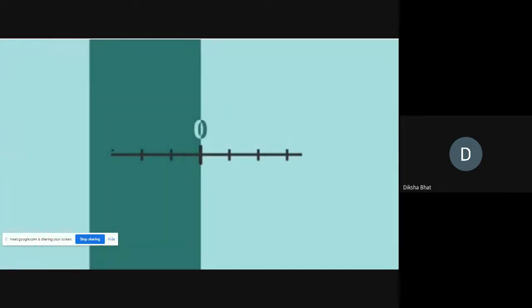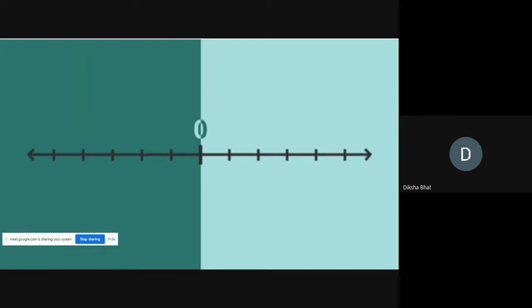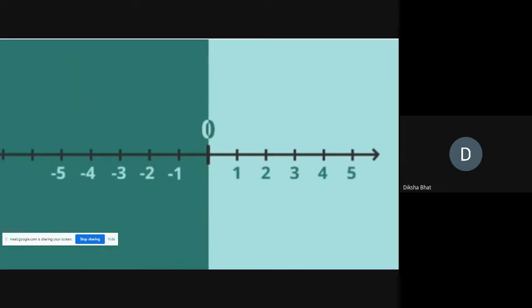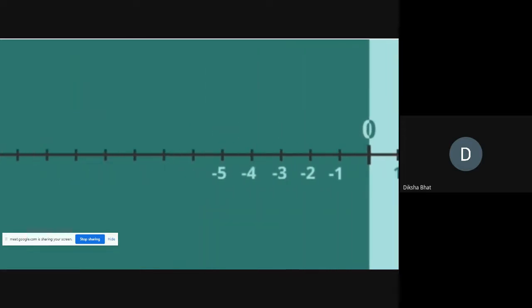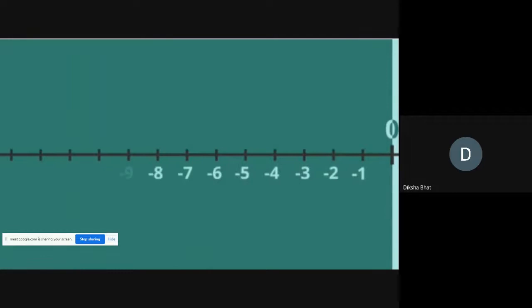To understand negative numbers even more, let's look at a number line. For every positive number, there is a negative number. Negative numbers can also be thought of as the opposite of a positive number. So, the opposite of 5 is negative 5. You might also notice that as we go further down the number line, the negative numbers appear to get larger. However, the numbers are really getting smaller.